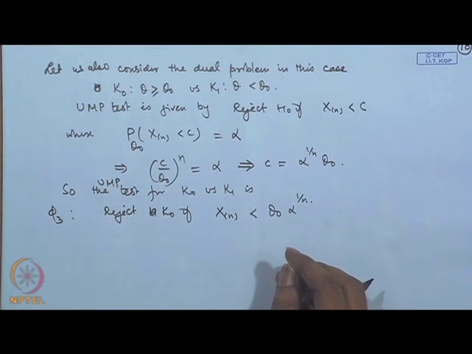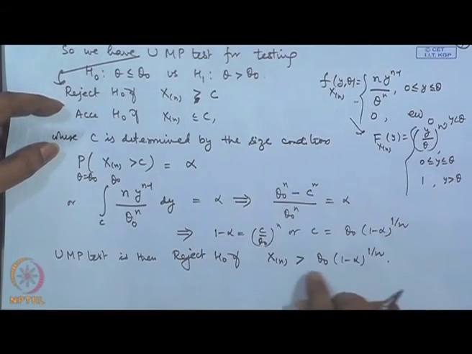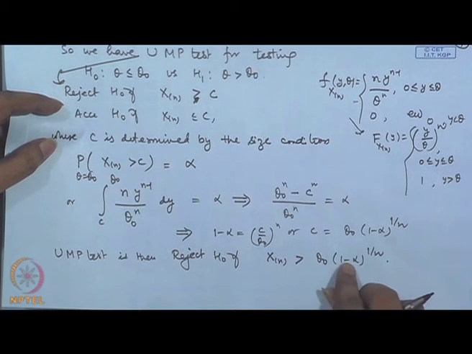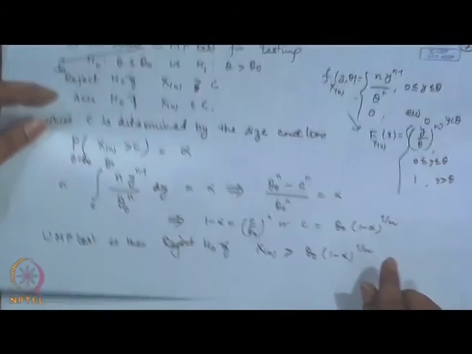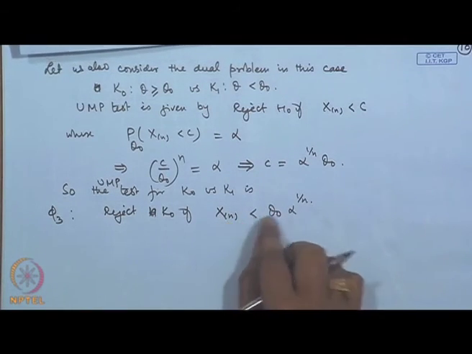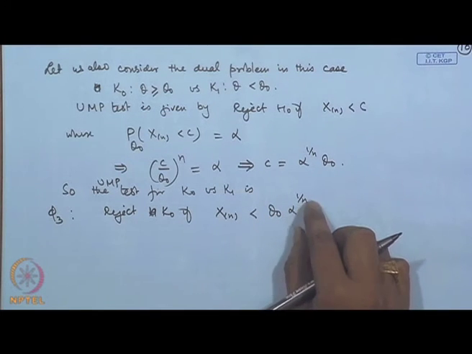Compare it with the test that we derived for the dual problem, that is H naught versus H 1. Here it was x n greater than theta naught into 1 minus alpha to the power 1 by n, and here it is reject K naught if x n is less than theta naught into alpha to the power 1 by n.